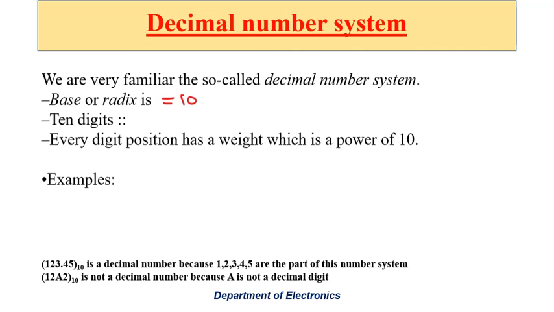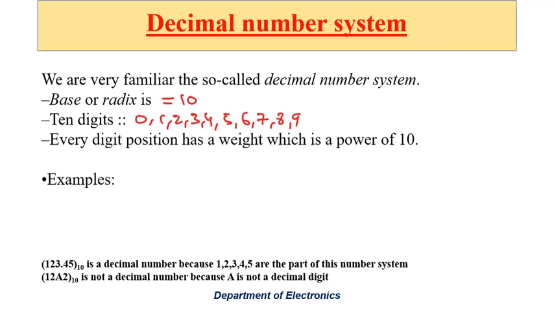So that means it uses 10 different digits to represent any number in this number system. So those 10 digits are 0, 1, 2, 3, 4, 5, 6, 7, 8, and 9. So these are the 10 different symbols or 10 different digits it uses.